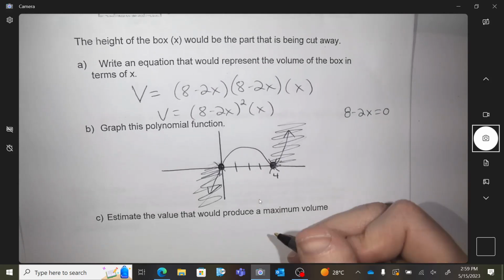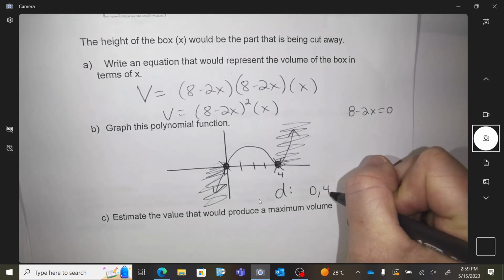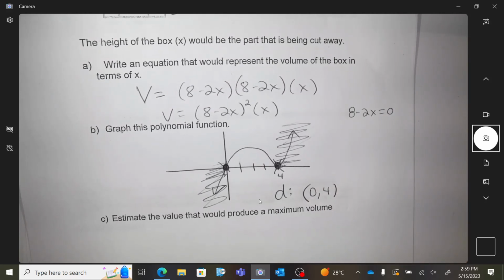So if I write the domain, because I think I asked this on your test, how would I write the domain of what works? 0 to 4, but round. So why can't you have 4? Why doesn't 4 work? You would cut 4 and 4. You cut off your whole 8. Now there's no side left. So how can you make a box, right?